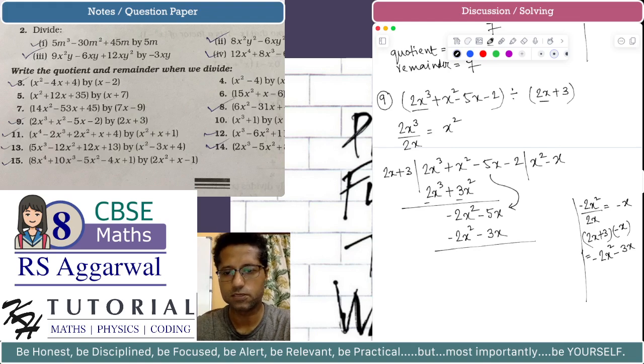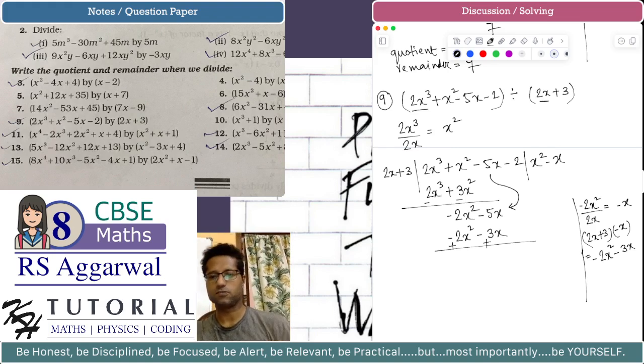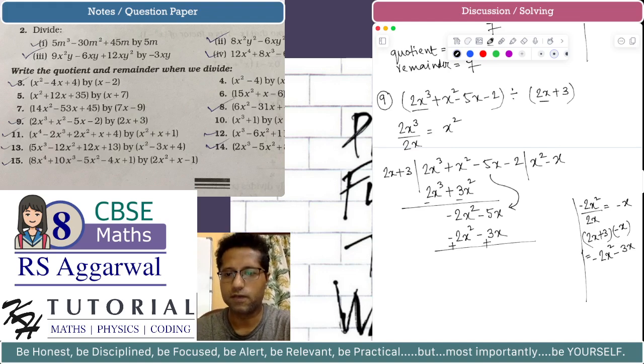If we do the subtraction, the sign of the terms of the product, that is minus 2x square minus 3x, changes from negative to plus. And if you do the subtraction, we have minus 2x square plus 2x square, that cancels out, and minus 5x plus 3x is minus 2x.